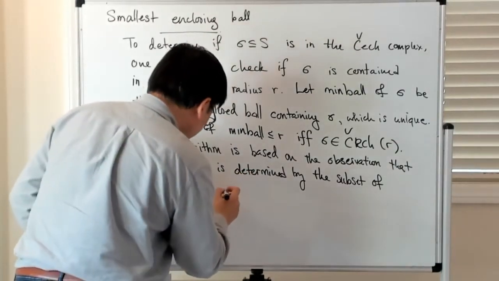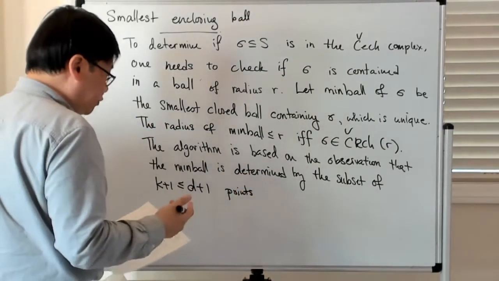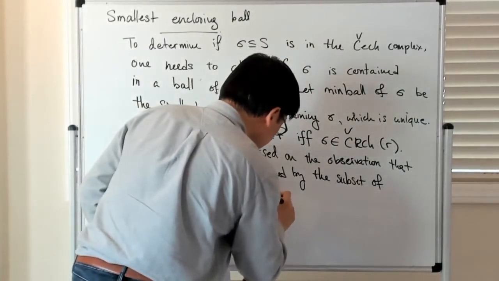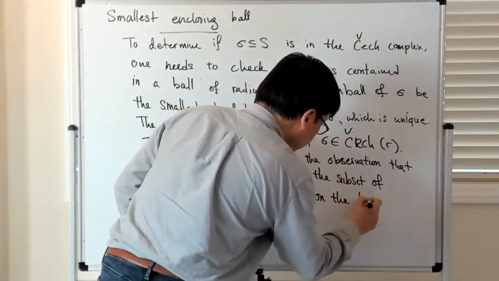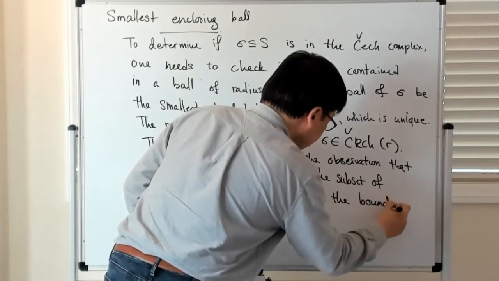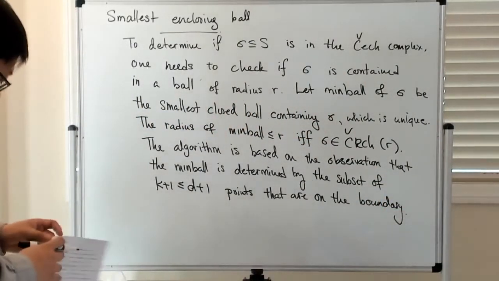Okay, the subset of k plus 1 points that are on the boundary. Okay, all right, so that's the basic idea behind this.